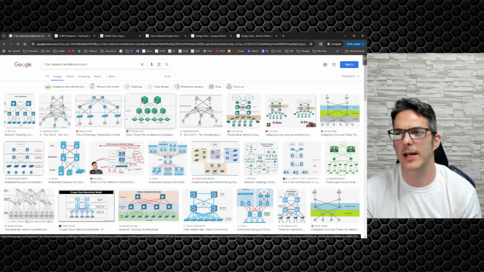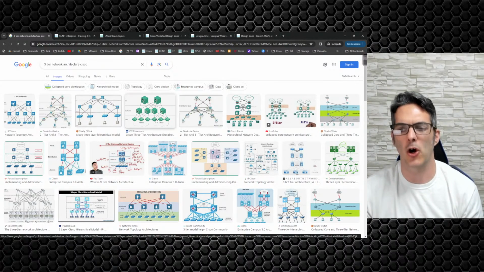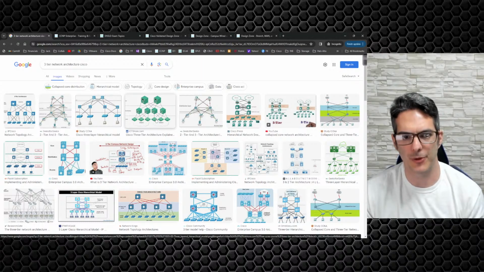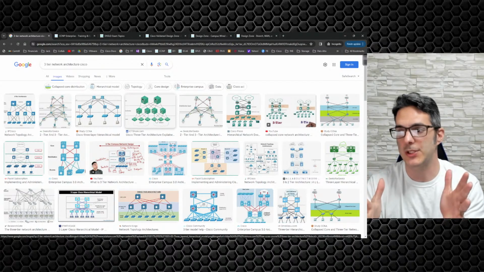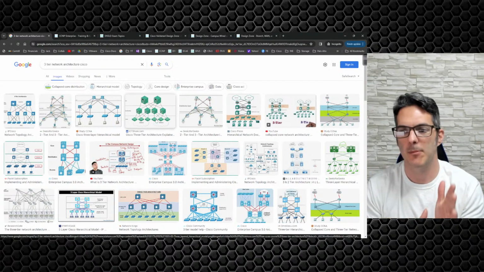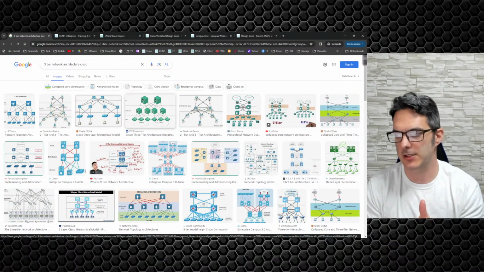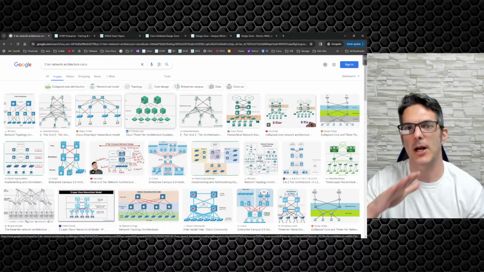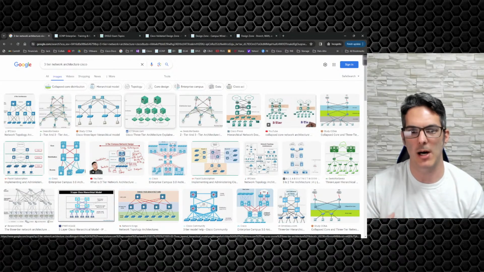Now, the reason why I am a big proponent of knowing architecture is so that you can understand why the network is built the way that it's built. Are there right ways and wrong ways to go about networking? There are, but from an architectural perspective, there's best practices in place for a reason. Can you modify some stuff?